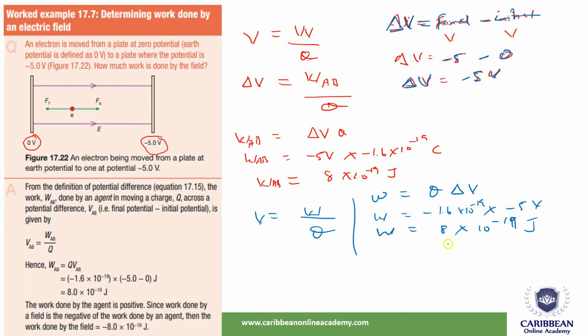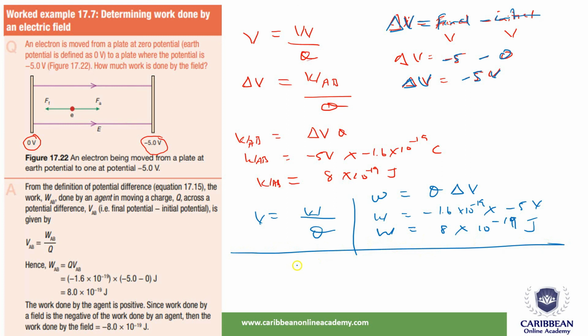But we want to find the work done by the electric field. So this amount of work that was done by the external system is going to be the opposite of what the electric field has done on the system.